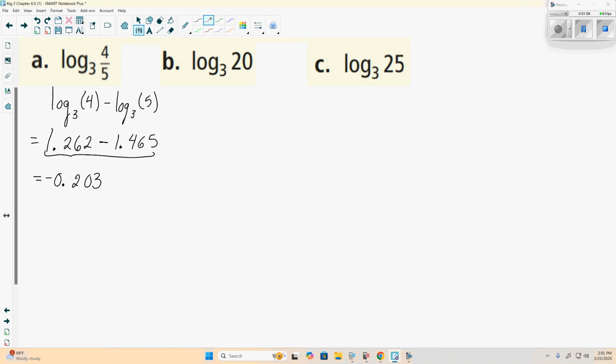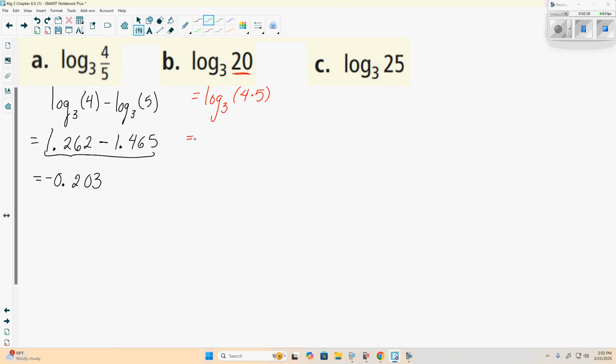Now, if we look at the next one, log base 3 of 20. Now, using 4 and 5, well, we can rewrite this as log base 3 of 4 times 5. Because as we're rewriting this, we're either going to rewrite it as a product, a quotient, or a power.